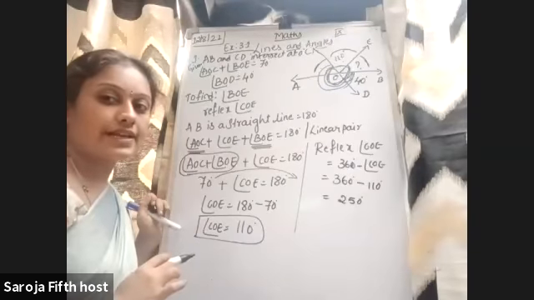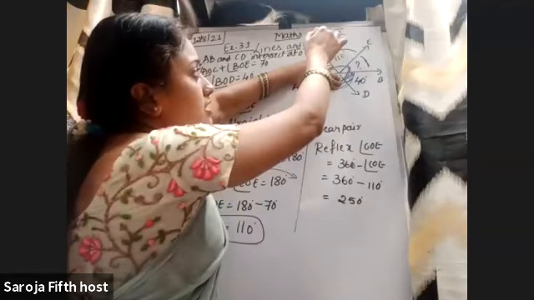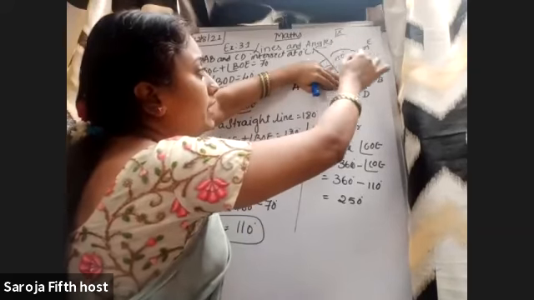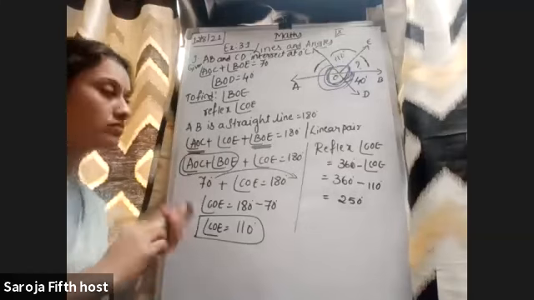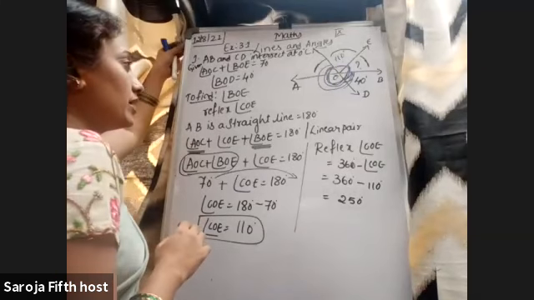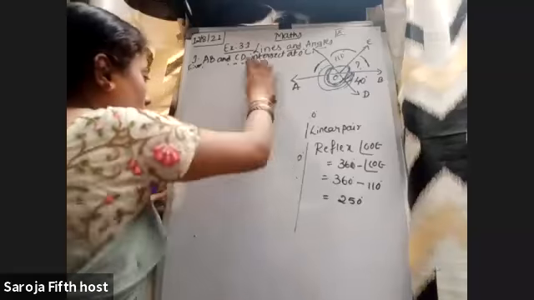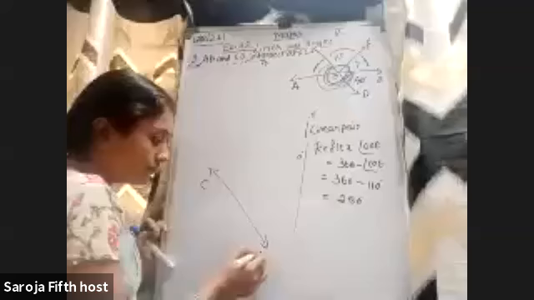On this straight line CD, just see above the line CD: angle COE, angle BOE plus angle BOD. These are the linear pair angles on the straight line CD, right? The sum of those angles will be equal to 180 degrees, right? Yes or no? Yes, ma'am.